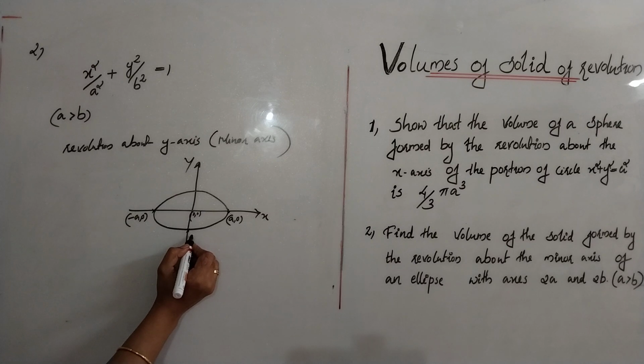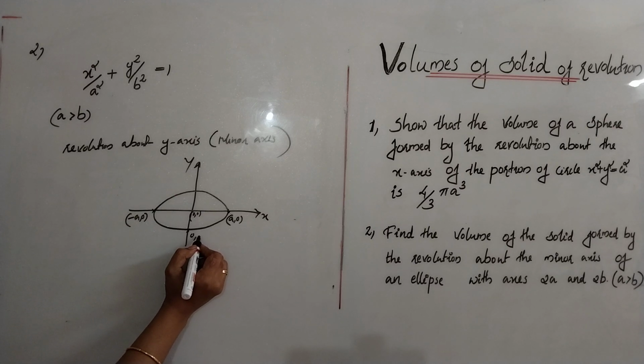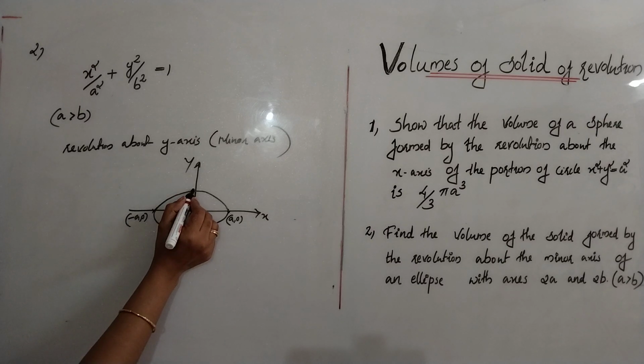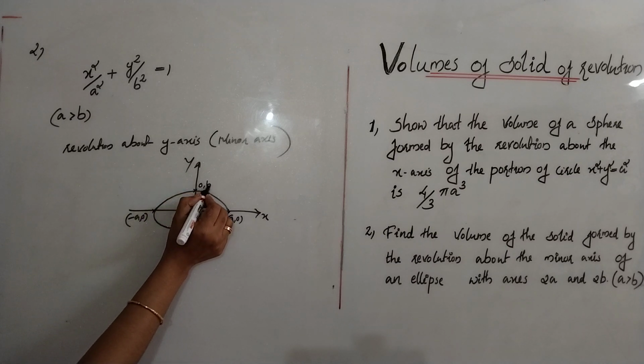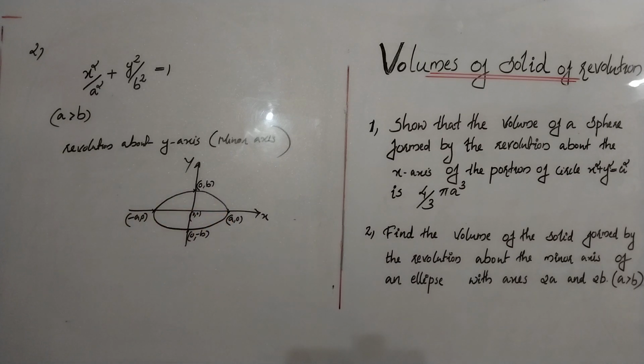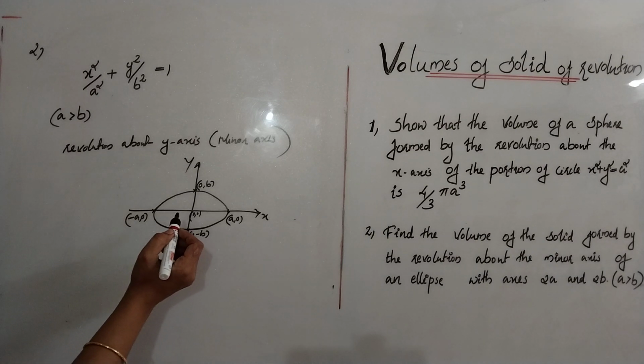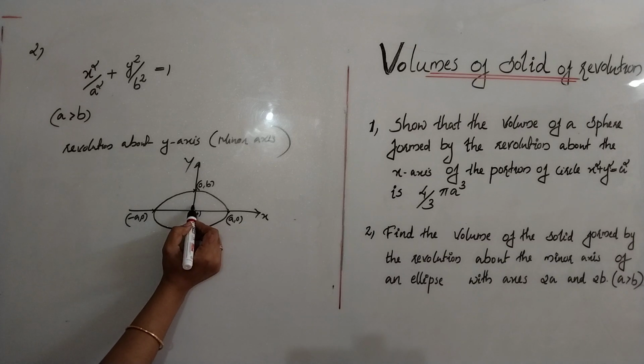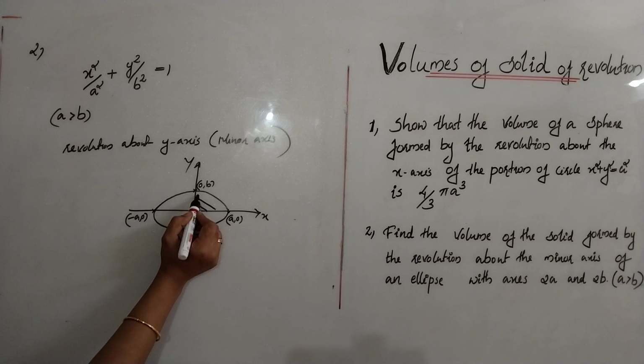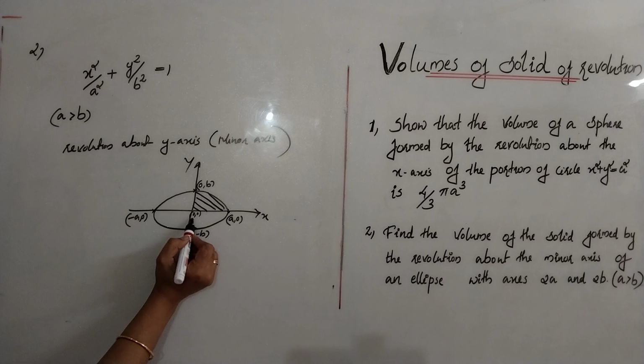Here 0, minus B, and here 0, B. Since the ellipse is symmetrical about the x-axis, the required volume is twice that of the volume obtained by revolving the part of the ellipse in the first quadrant about the y-axis, that is, this portion of area.